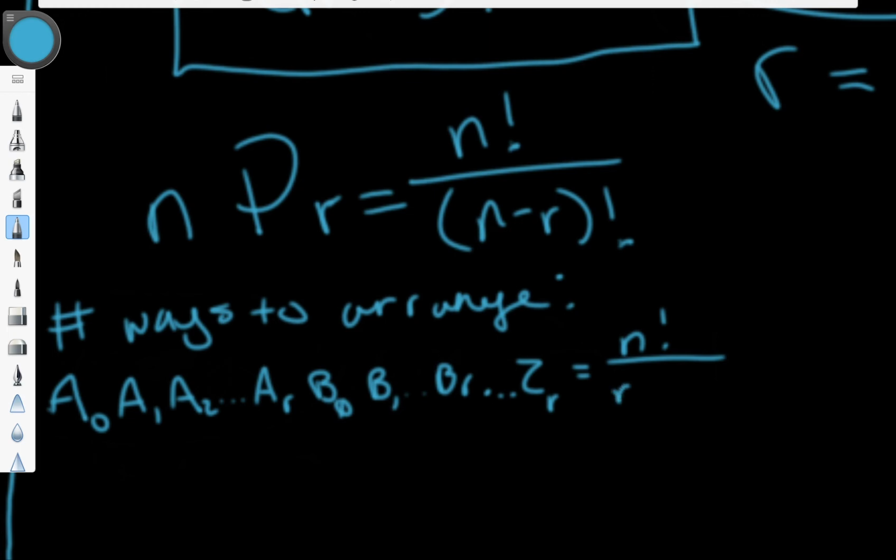Oh, these all need to be different letters, right? A sub A, no. Okay, B sub B, C sub Z, right? And they're lowercase this time. So we need to do A factorial, B factorial. This is kind of a confusing way to write it. I'm just trying to think of a cool way to write it.